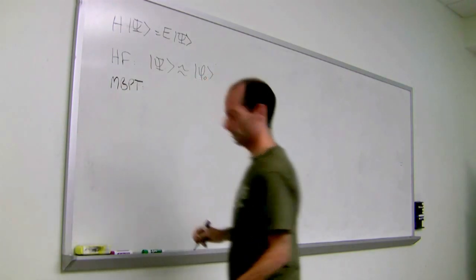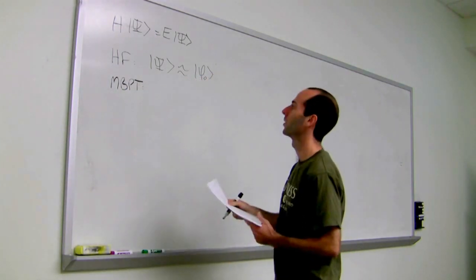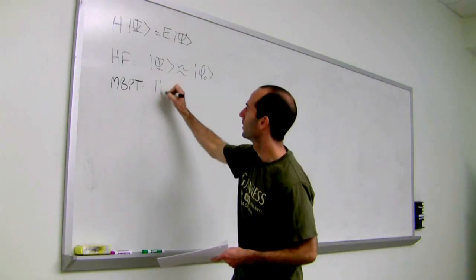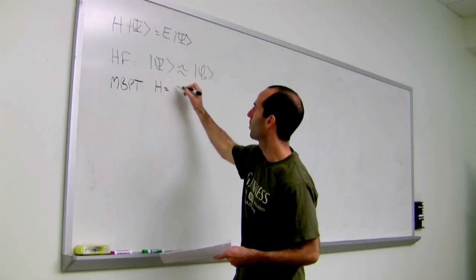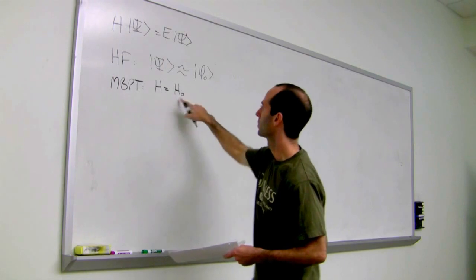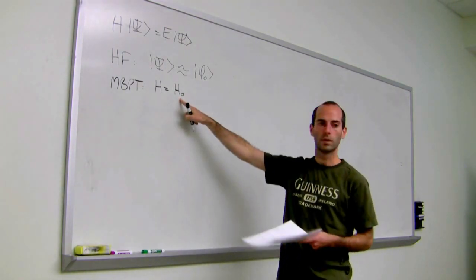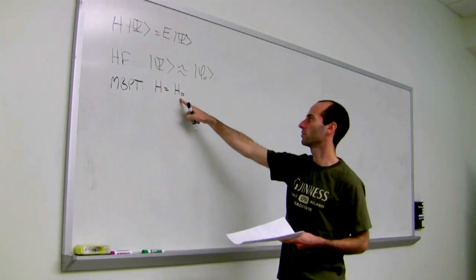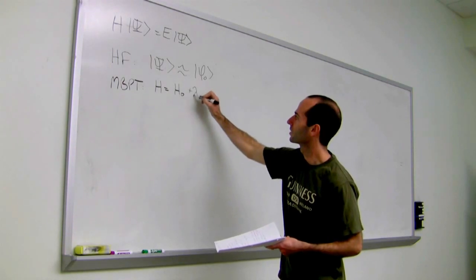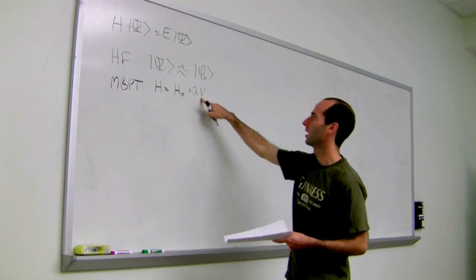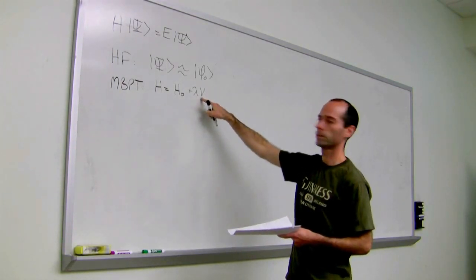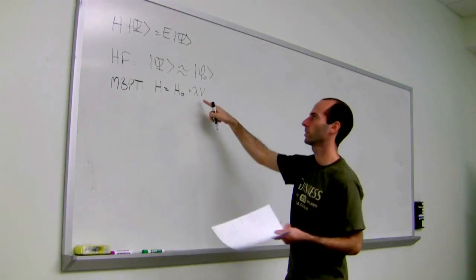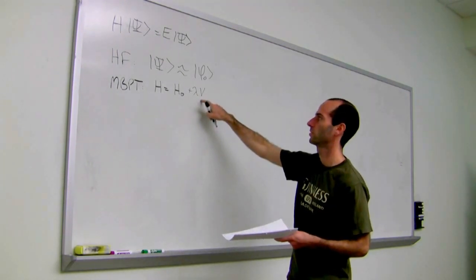All right, next on our hierarchy we have many-body perturbation theory, which was the subject of the last lecture. I don't know how well you remember it, but essentially we partition the Hamiltonian into a zeroth order component, which we know the eigenfunctions and eigenvalues of, and a small perturbation, which is where, in the case of Moller-Plesset perturbation theory, all the correlation energy happens.